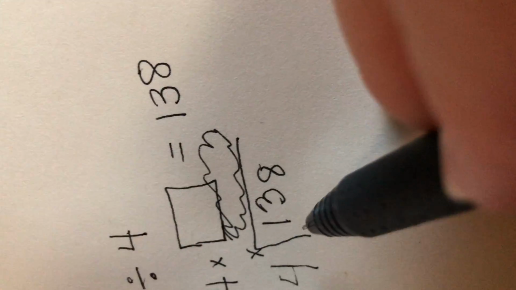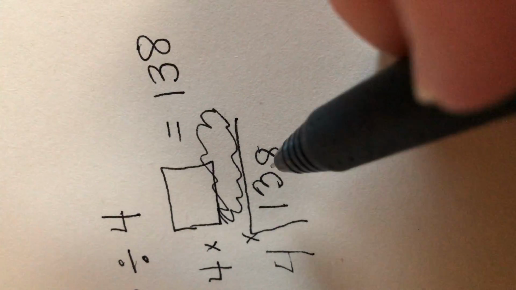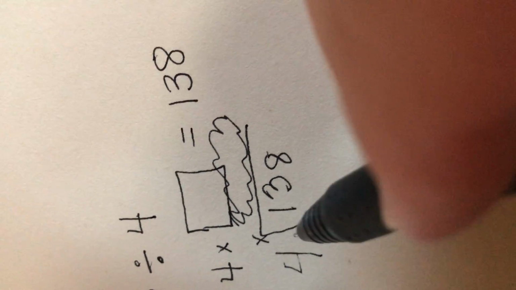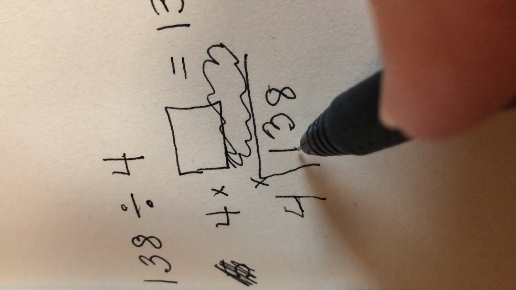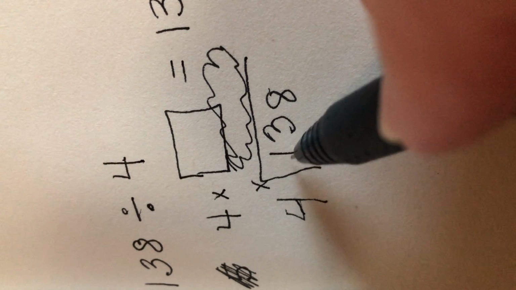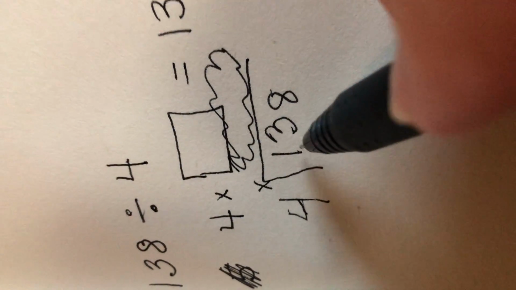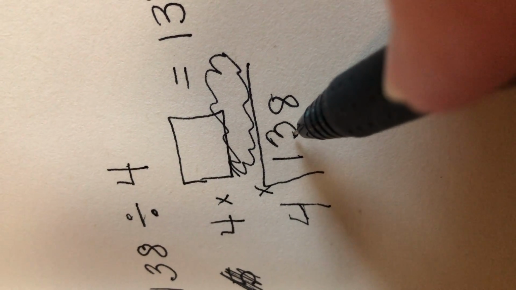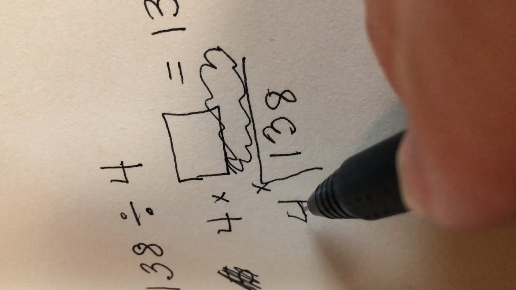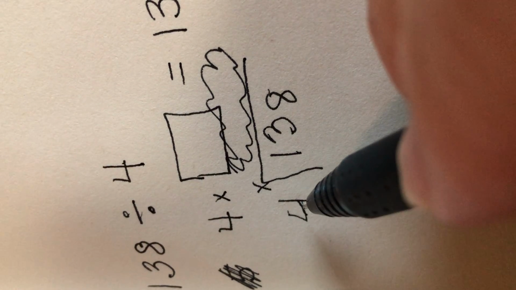Now, you know what? This 138 is awful big, so we're going to take it a little bit at a time. Like, I can't say 4 times something will give me 1. That won't work. But 4 times something will give me 13 or close to it without going over. I happen to know that 4 times 3 is 12.